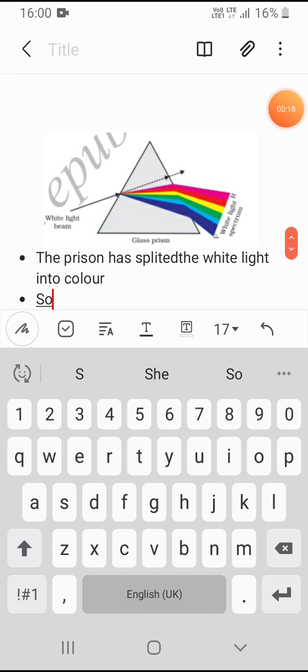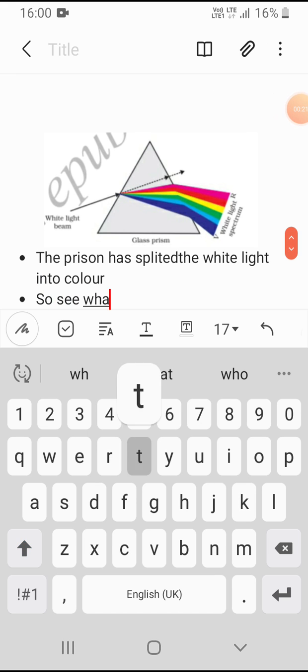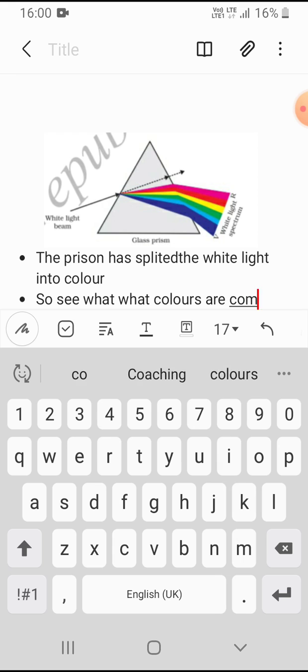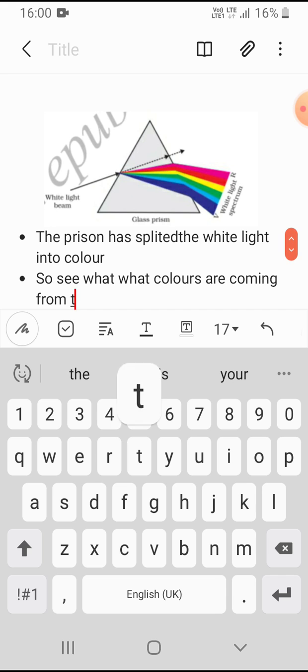So see what colors are coming from that end. See here, the white light beam is going, the arrow mark is there, and from there we see these colors coming.